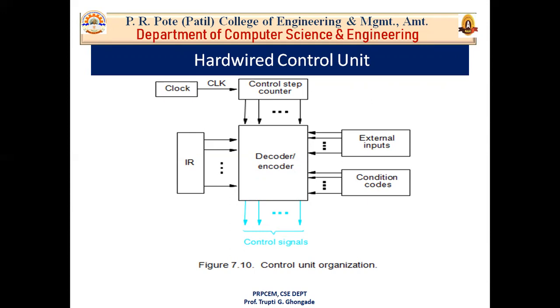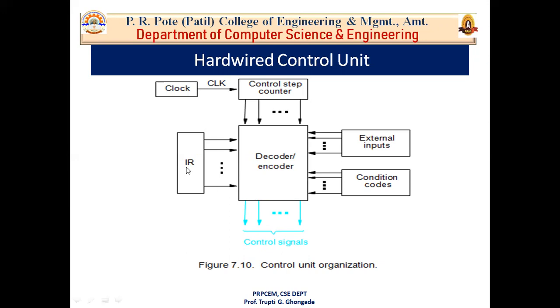To gain insight into the structure of the control unit, we start with a simplified view of the hardware involved. First here we have the decoder or encoder. This decoder and encoder is a combinational circuit that generates the required control outputs.